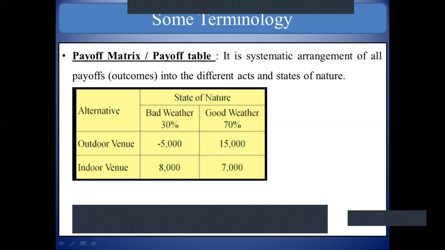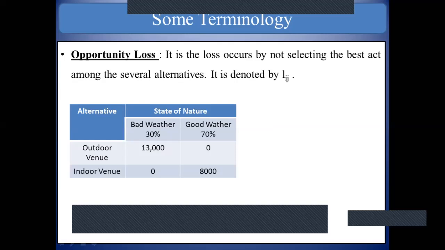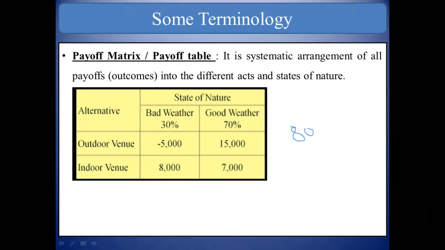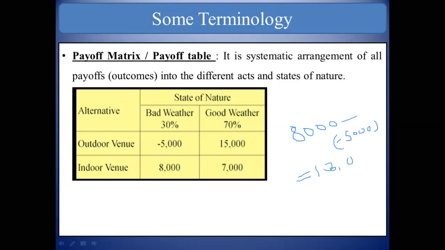So here the maximum payoff is 8,000 minus the minimum payoff, that is minus 5,000. Using the rule of mathematics, minus minus plus, you get the answer 13,000. So this is the opportunity loss for the first option.